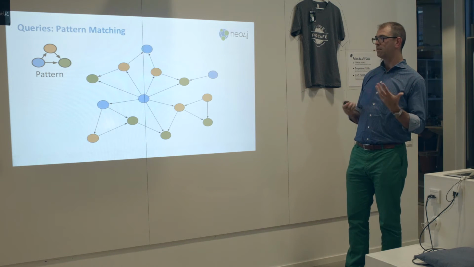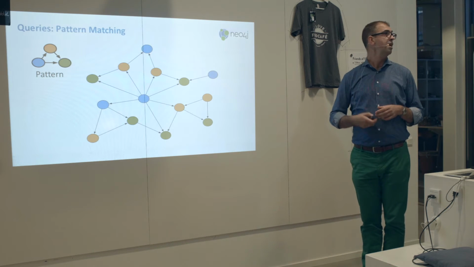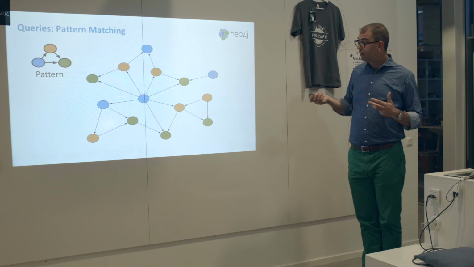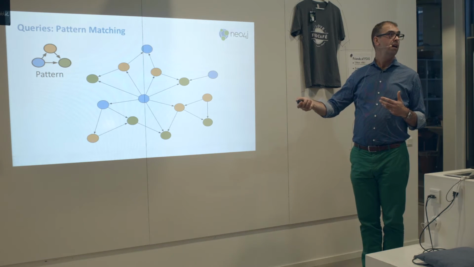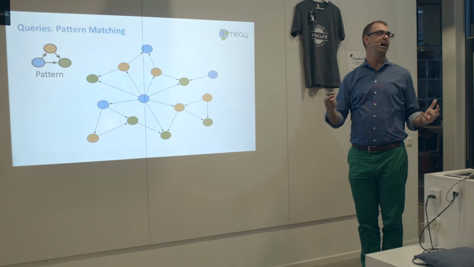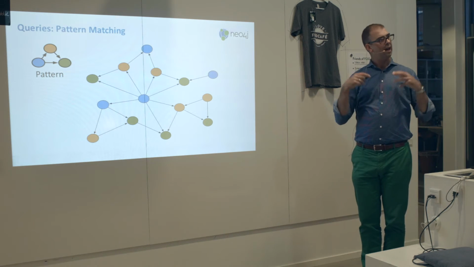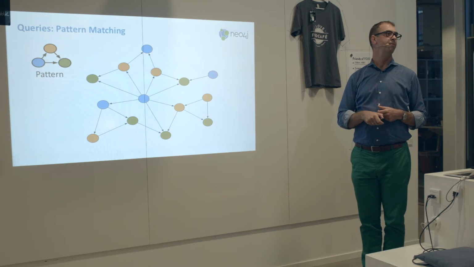So what is going to happen if I run this query is, first, it's going to anchor and zoom in on this guy. I can formulate my query by saying anchor on every blue guy, but let's just assume I'm going to anchor on this guy over here.